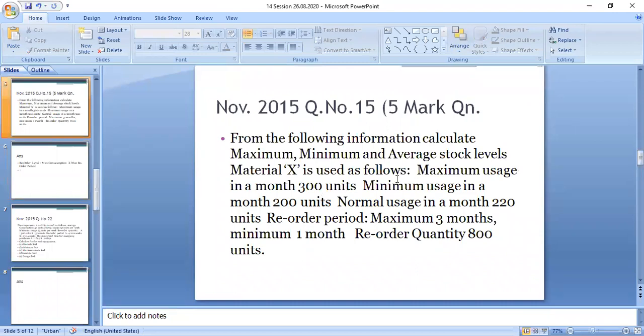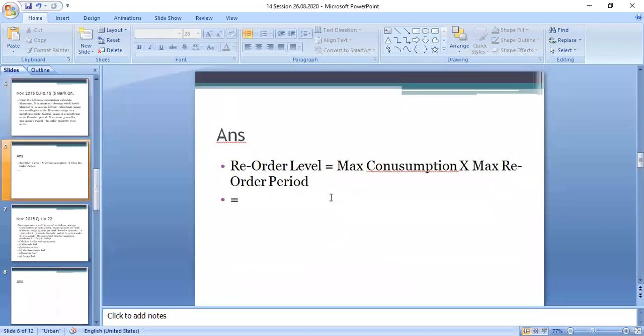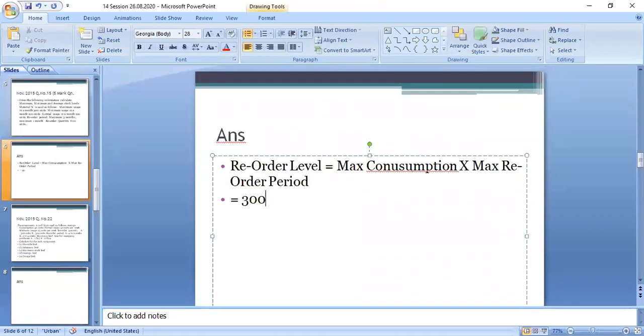Maximum consumption is maximum usage, and consumption we can use interchangeably, the same words. So 300 units, maximum reorder period is 3, so that's 900. So 300 units multiplied by 3 months, you will get 900 units. This is called a reorder level, right?